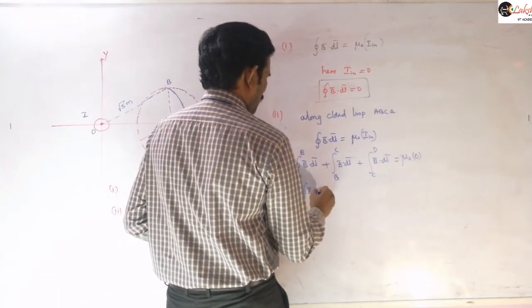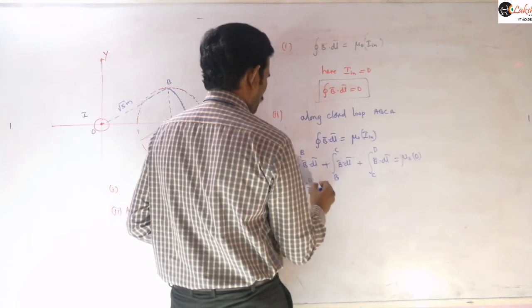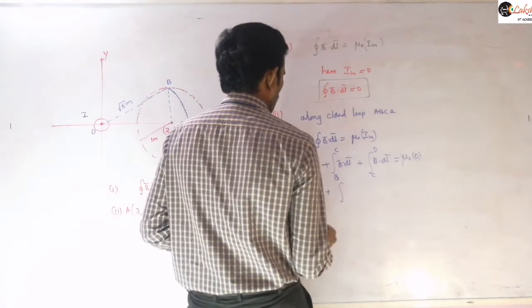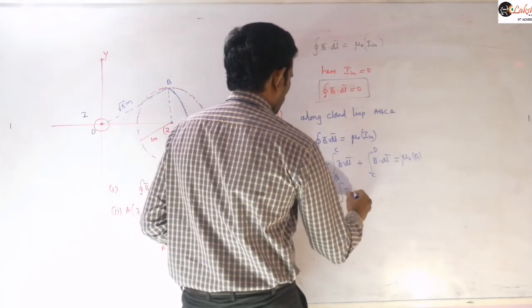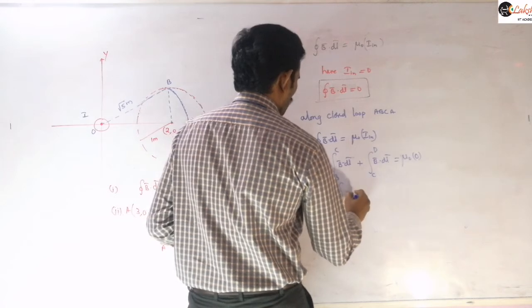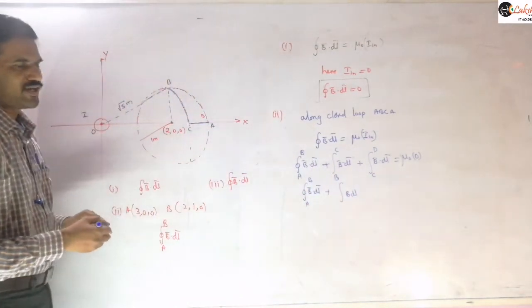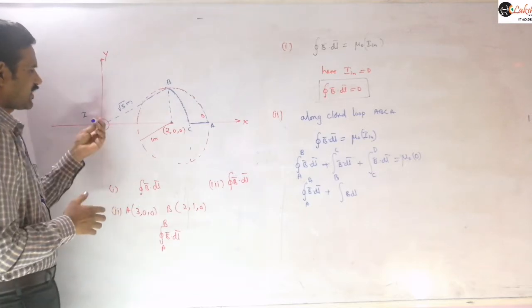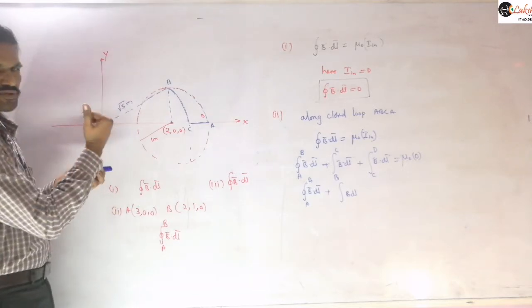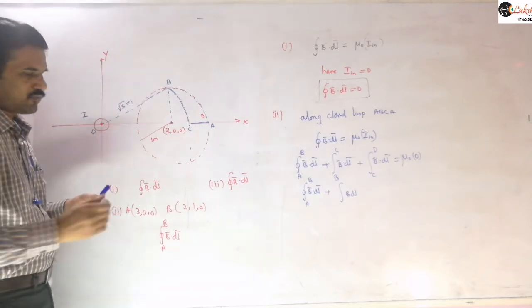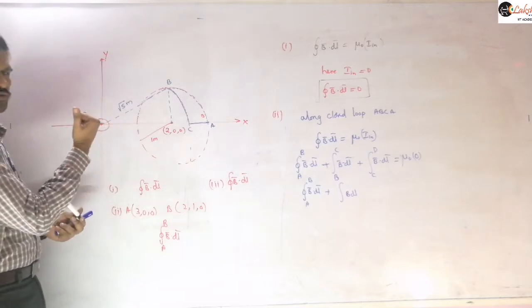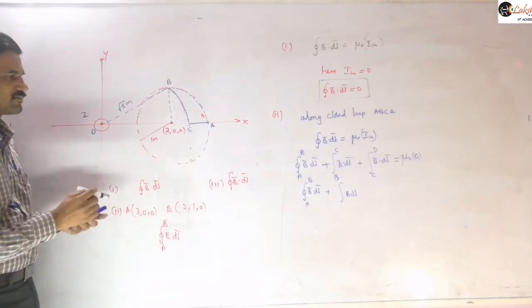B dot dl from A to B plus, here I can write B into dl into cos of the angle. Now let us identify those angles. The magnetic field line produced by this will be along this direction. At any point the magnetic field produced by this conductor will be like this, right?